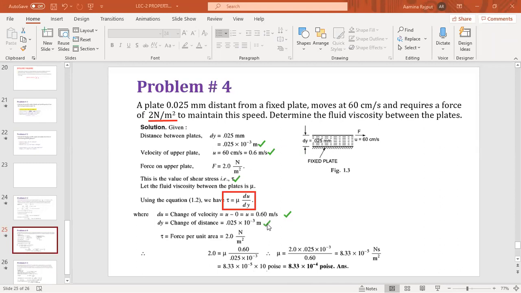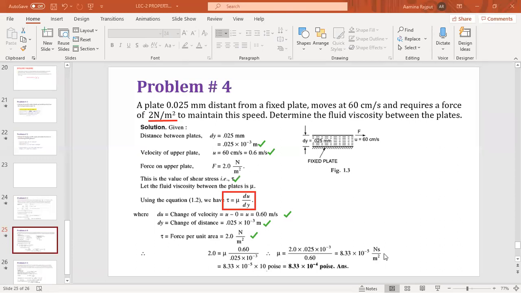We had already computed dy, 0.025 × 10 to the minus 3 meters. And shear stress is simply a rewriting of the same data which we have written earlier. So now plug in all these values in this formula and rearrange it to determine the dynamic viscosity.